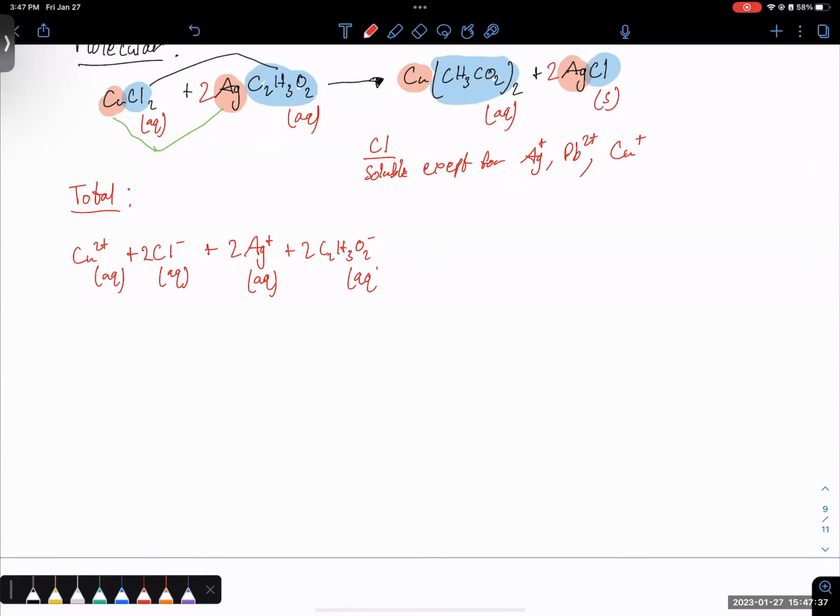That's also aqueous. And then you have copper again, 2 plus, nice and aqueous. Then acetate again, C2H3O2. But wait, how many acetates do we have? Two acetates, so just put a 2 in front of that. That's also aqueous. I'll just put parentheses on this to make it clearer.